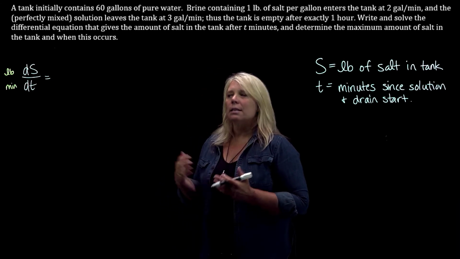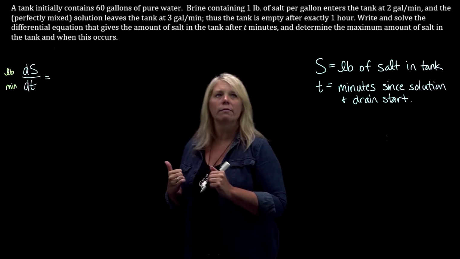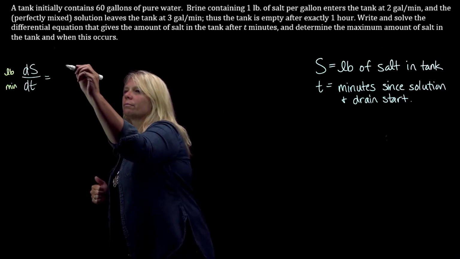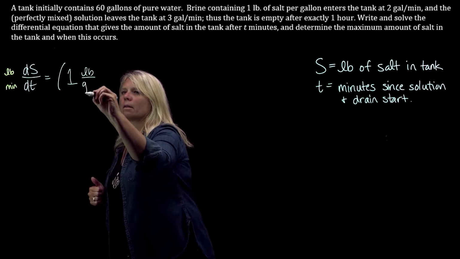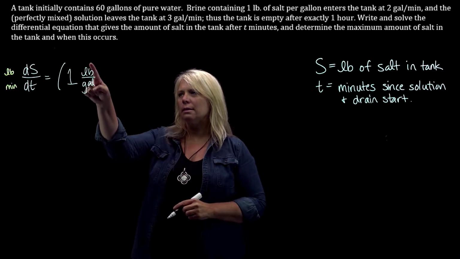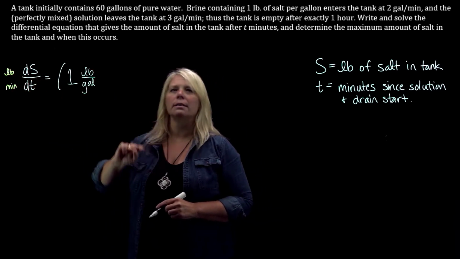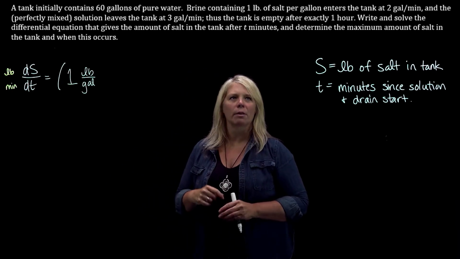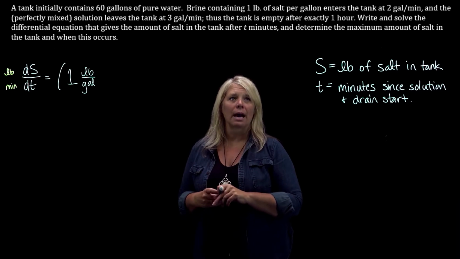and then we want to think about what's changing in the tank here. So we've got some salt coming in the tank. We've got 1 pound of salt per gallon. Units will help here. Notice that this is pounds per gallon. Pounds per minute is what I need, so I need to be careful about that. That's entering the tank at 2 gallons per minute.